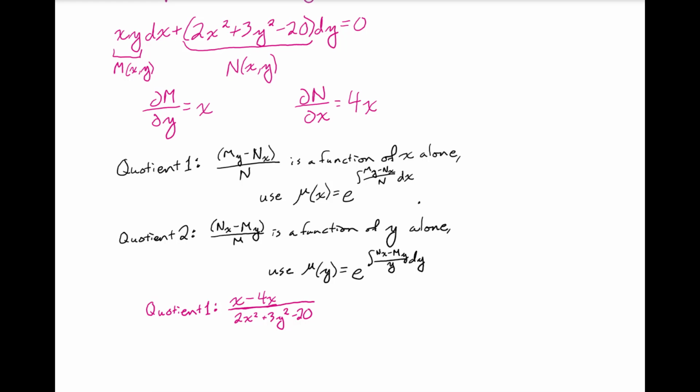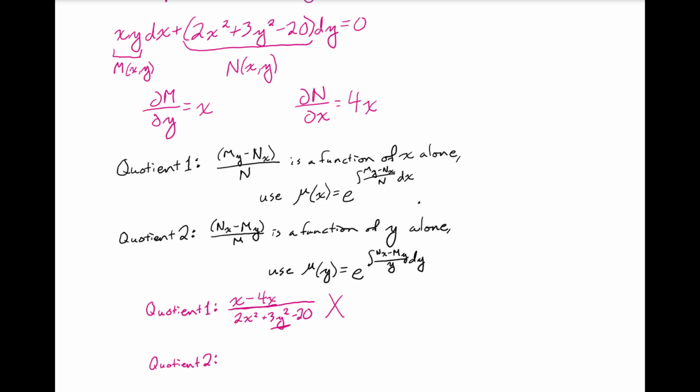Now, this will not be a function of x alone because there is a y in it, and I have no way of that y squared ever canceling with anything to be eliminated. So this quotient is not a function of x alone. So this is not going to work. So let's move on to quotient 2.